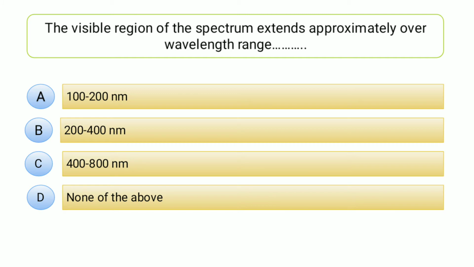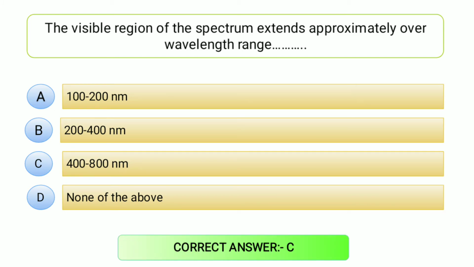So students, the correct answer for this question is option C. Because 100 to 200 nanometer is for far or vacuum UV, whereas 200 to 400 is for UV, and 400 to 800 nanometer is for visible. Therefore the visible range of the spectrum extends approximately over 400 to 800 nanometer.